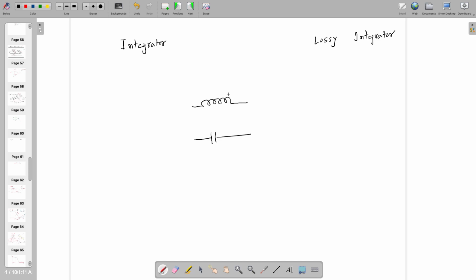So this is not possible. In reality, an inductor will have some resistance. So where will it be, in series or in parallel? And similarly for a capacitor, it will be in series or parallel. But do we know the reason for this? Why do you think it will be in series here and in parallel there?